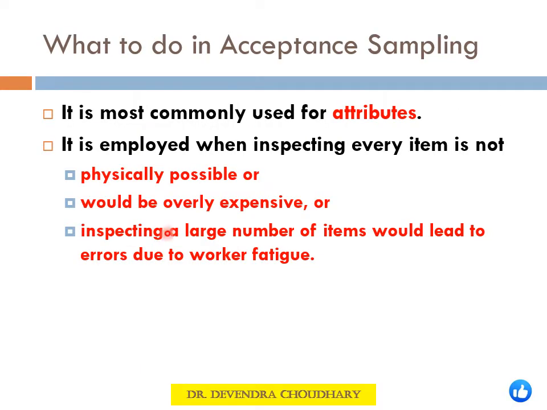Acceptance sampling can be used for both variable and attribute measures. However, it is most commonly used for attribute measures.